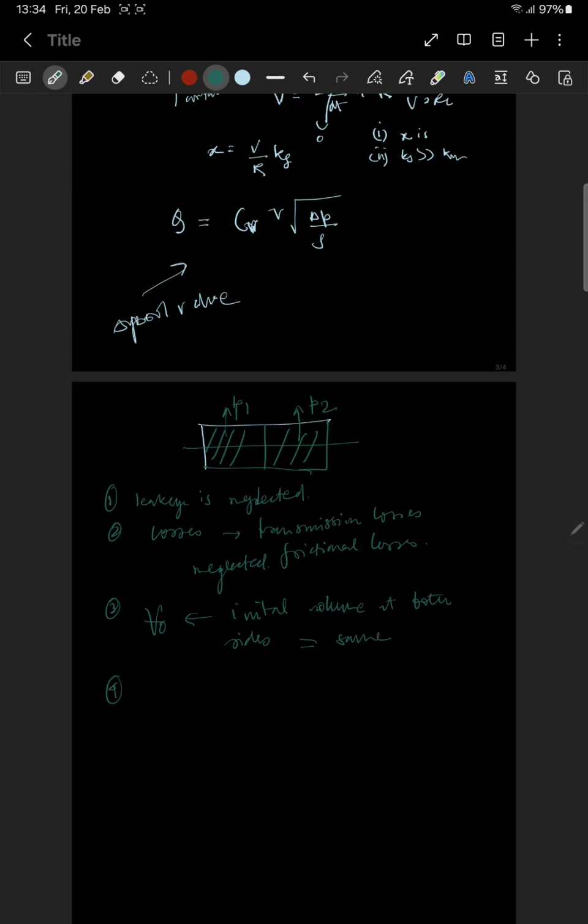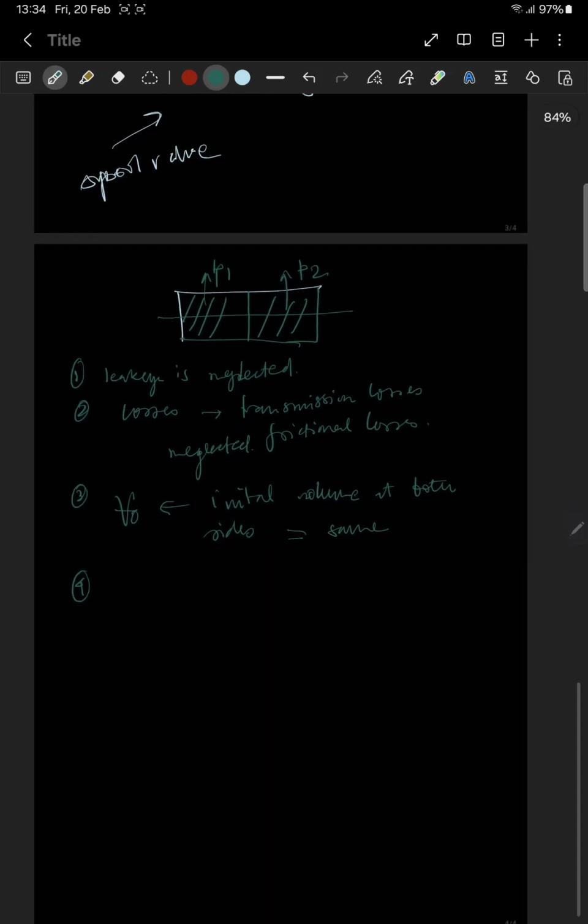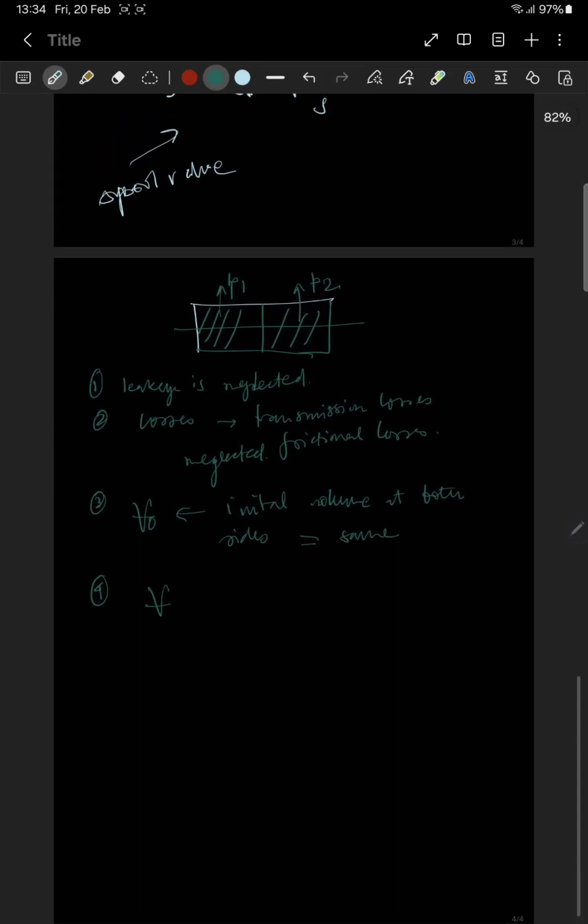Fourth, this initial volume is very much greater than this. Because of the flow of fluid inside the actuator, we assume that this moves with a distance of y, the velocity of y dot, and this is the acceleration.